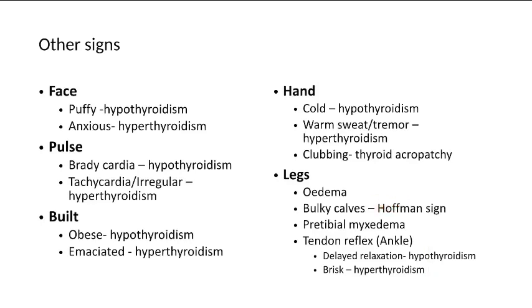Bulky calf is also a sign of hypothyroidism, again infiltration with myxomatous tissue, and therefore a prominent bulky calf when you are observing the patient's leg from behind is also an important sign of hypothyroidism, and this is known as Hoffman sign. Next, pretibial myxedema of hyperthyroidism.